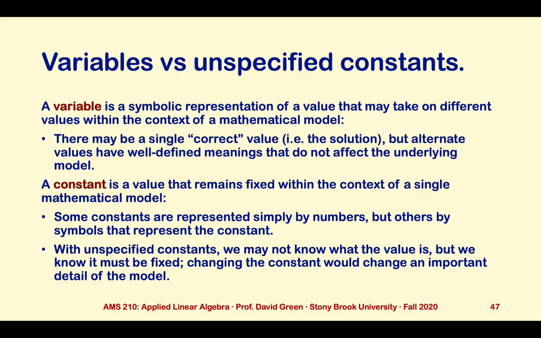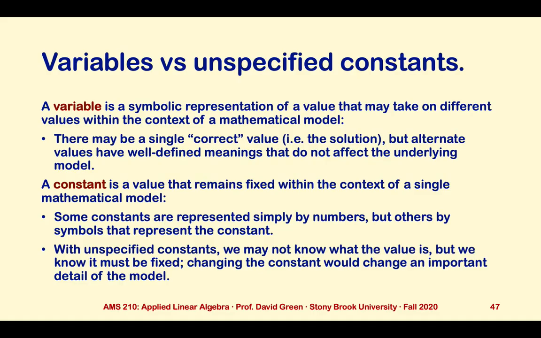Sometimes we represent these simply by numbers, but in many cases it's more convenient to represent those constants as symbols. Sometimes it's just because the number they represent is hard to write down, things like pi or e. Whereas in other cases, we might use a symbolic constant because we may not know what the value is.